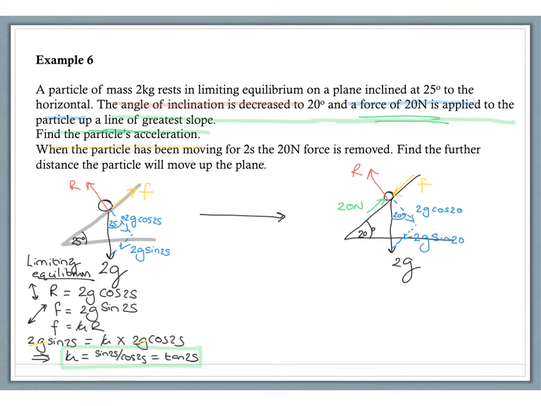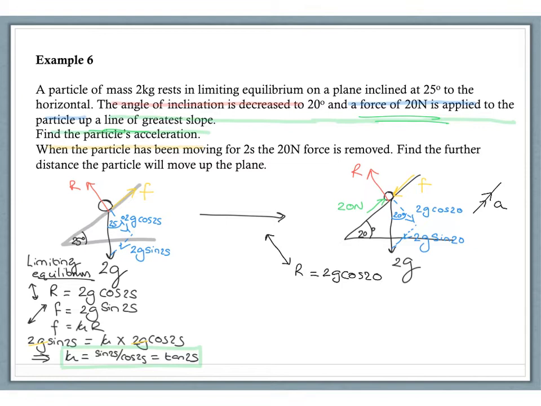So now, let's have a look at the second scenario where the particle is now accelerating. So we're assuming it's accelerating up like that. If we look at our forces perpendicular to the slope, we know that R is equal to 2g cos 20 now, because things have changed.